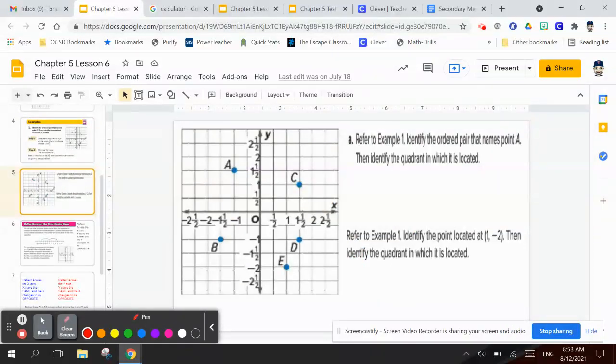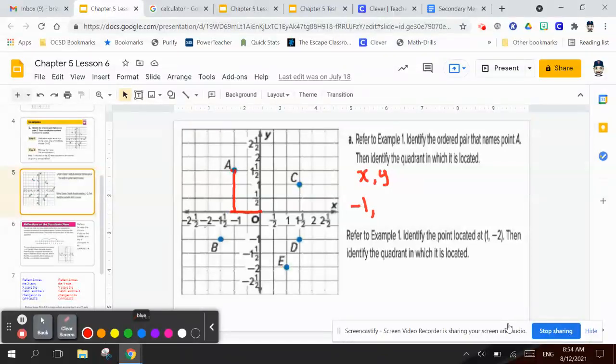So identify the ordered pair that names point A, and then identify the quadrant. So point A is here. I'm going to start here at 0. Remember, we have to go x first and then y. So here's x, it goes left to right. I'm going to go over here till I find A is at -1. So how high up is A?